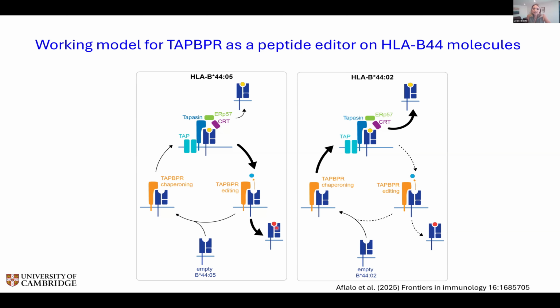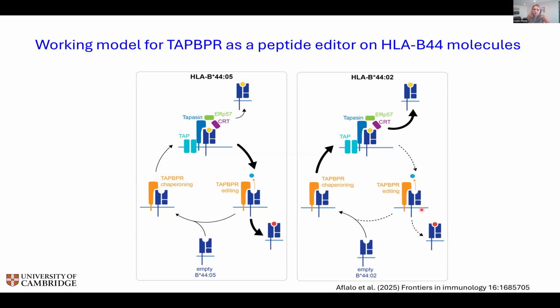In contrast, B4402 is known for being very highly dependent on tapasin for mediating peptide loading. And our findings really suggest that TAPBPR is not particularly good at loading peptides onto B4402 molecules, although it somehow helped to broaden the peptide repertoire displayed. So how does that make sense? It's not able to load peptides, but it's broadening the repertoire.